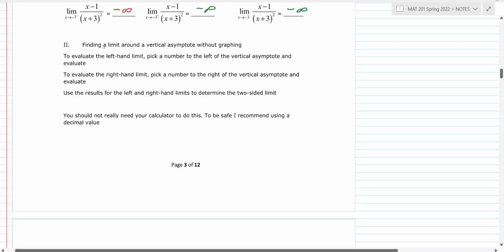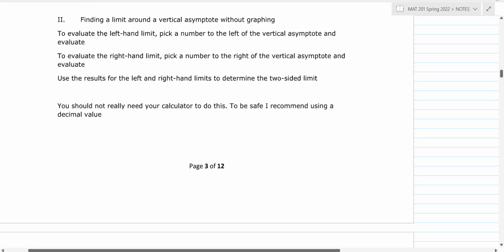Okay, so at the bottom of the page, this outlines the technique. It says if you're going to evaluate the left-hand limit, and we're talking about a vertical asymptote here. This is just a technique for if I'm asking you for a limit at a vertical asymptote. You pick a number that's a little bit to the left of the vertical asymptote, then you evaluate.